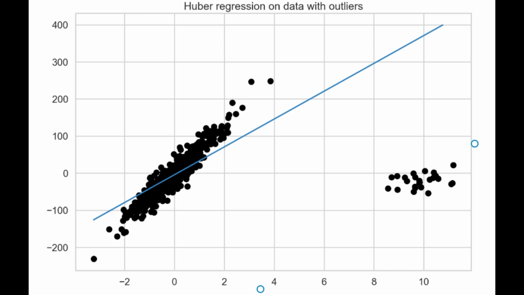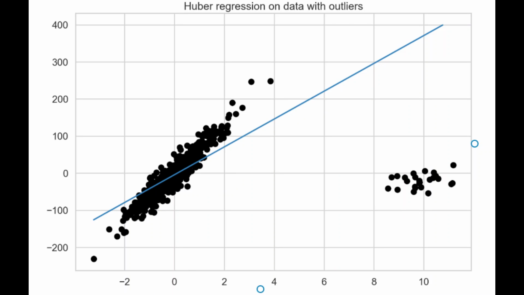And sensitivity to outliers. Outliers can significantly affect the model. So if you have too many outliers and you're not able to achieve the best fit line, then also this model is not for you.